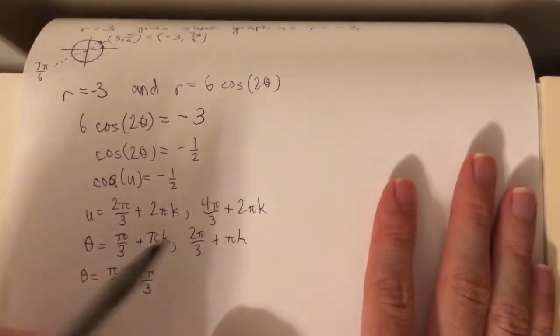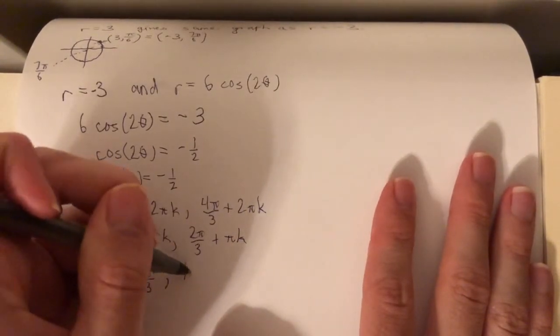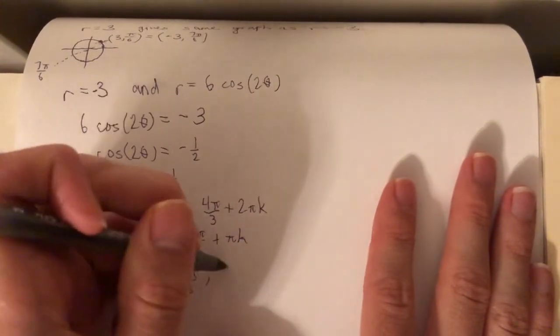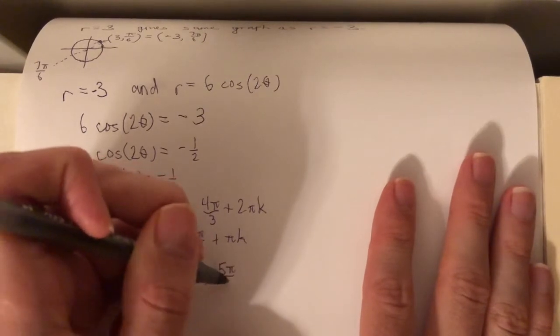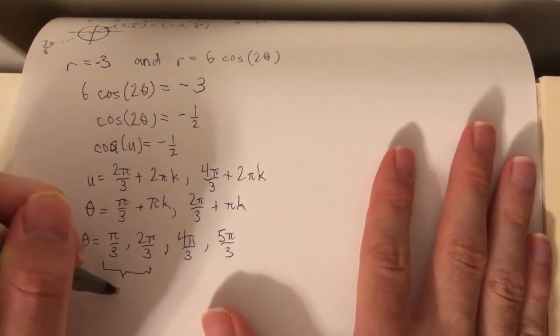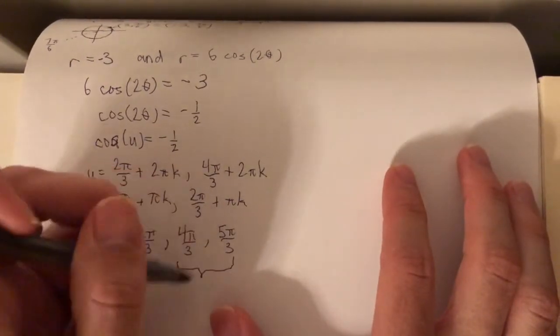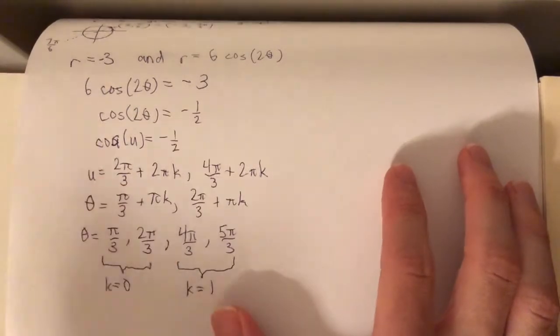So we'll get that when k equals 0. And then when k equals 1, we get 4π/3 and 5π/3. So we get these angles when k equals 0, and we get these angles when k equals 1.